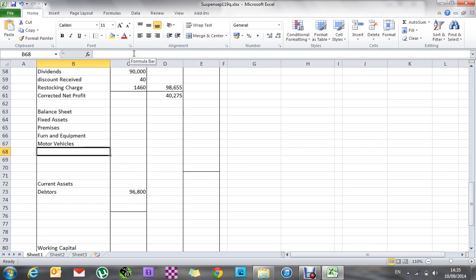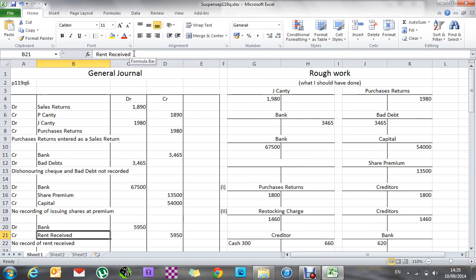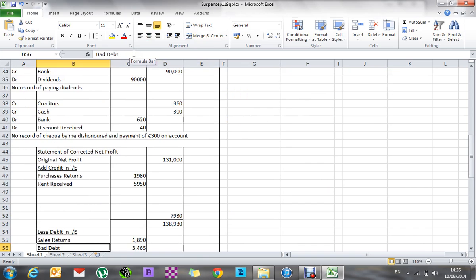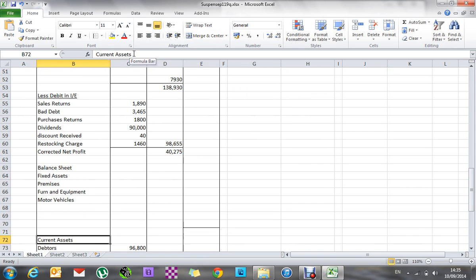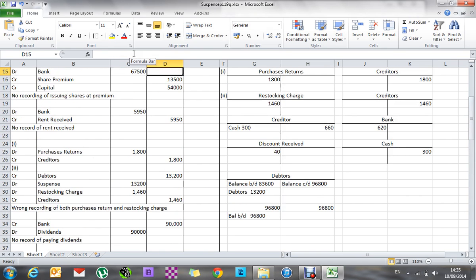Okay. Premises 750. I don't think there's any change to that in this here. We didn't buy any new premises, anything like that. Rent, no, there's no mention of the word premises, so I'll go back down to premises and I'll put in the figure of 750. Furniture and equipment. I don't recall buying any furniture equipment or selling any furniture equipment, but I'm just checking.